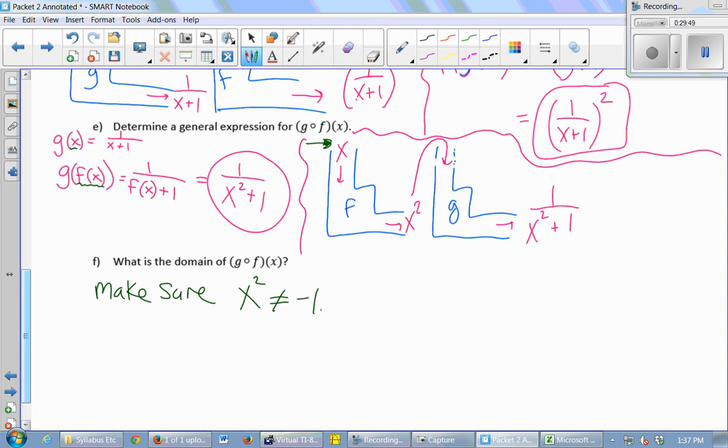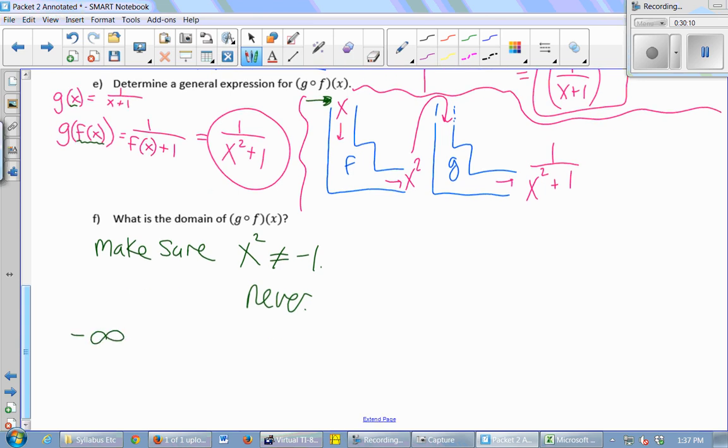But is there any such x value that would make this happen? No. So this never happens. My domain is actually all real numbers. I can plug any x I want into f, and it will run through f and run through g. Nothing bad will happen. So in this case, my domain is negative infinity to infinity.